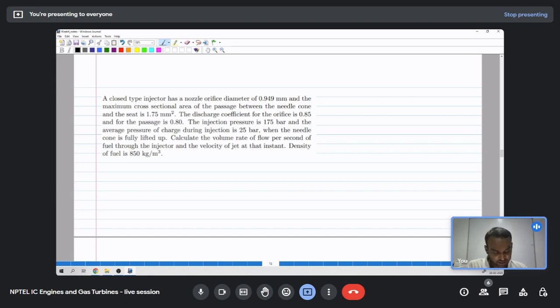The injection pressure is 175 bar, and the average pressure of the charge during injection is 25 bar. When the needle cone is fully lifted up, calculate the volume rate of flow per second of fuel through the injector and the velocity of the jet at that instant. Density of fuel is 850 kg per meter cube.